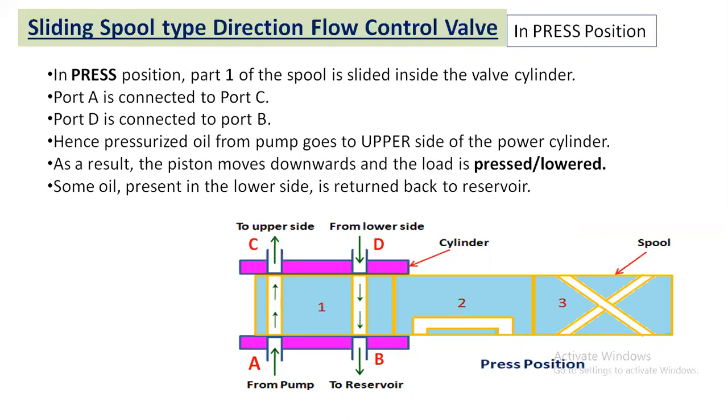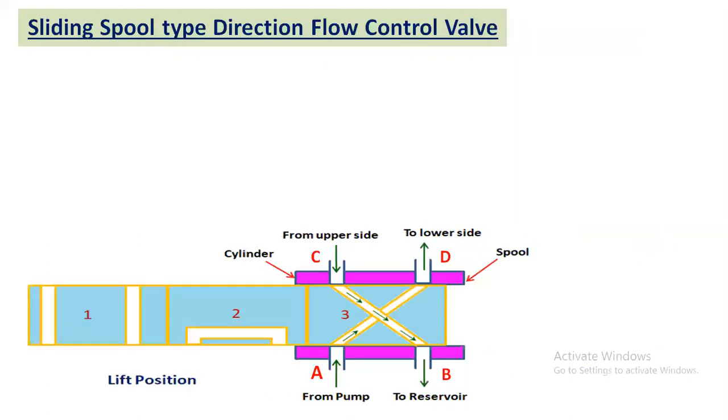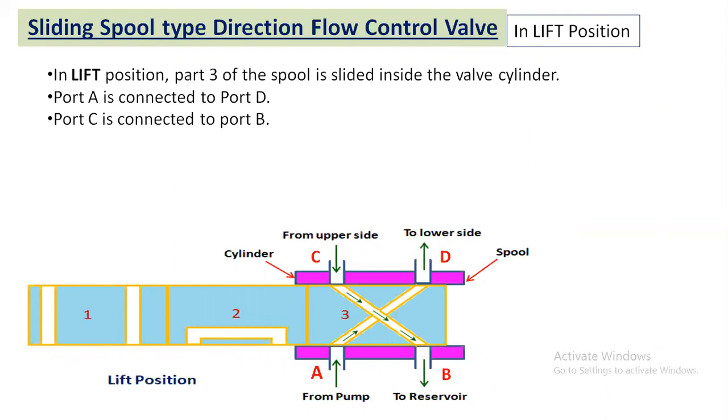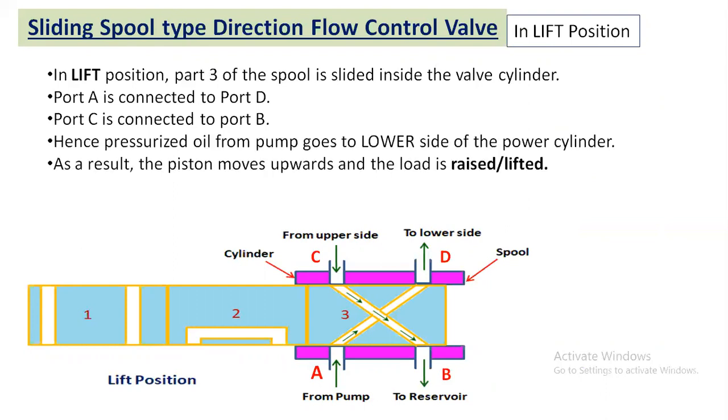So the oil from the pump goes to the upper side of the piston. It presses the piston, and the oil from the lower side is displaced to the reservoir. It is very simple.